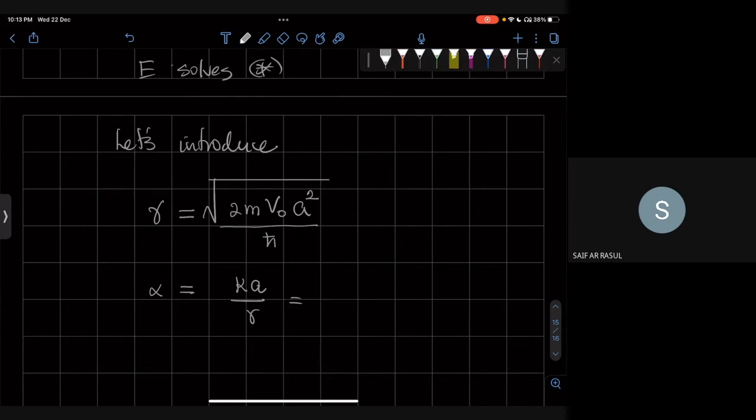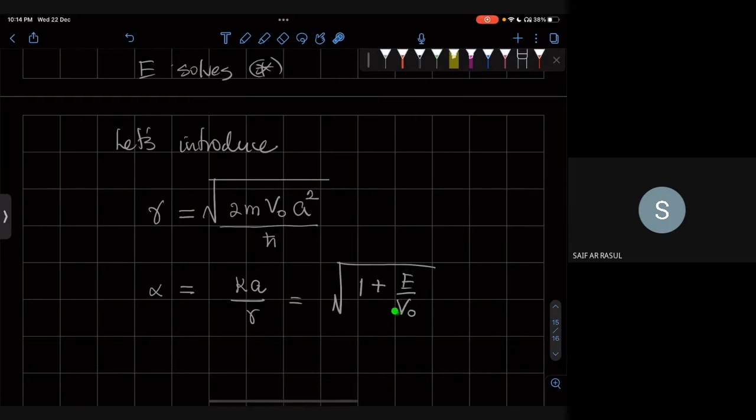So alpha is defined to be square root of 1 plus E over V naught. Okay. So remember that the total energy E is less than V naught, right? And it's actually a negative number, but the modulus of this number is less than V naught, right?